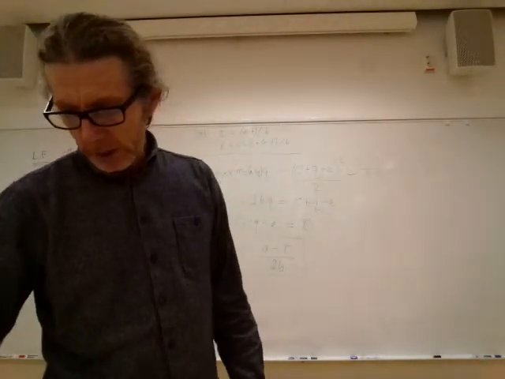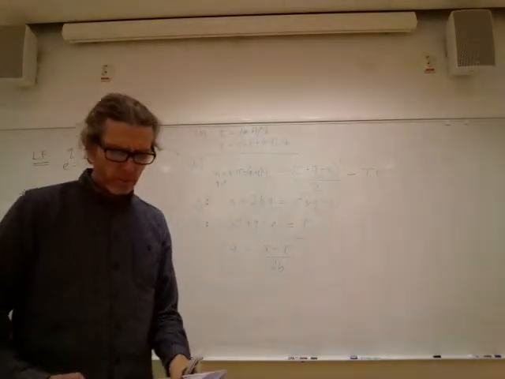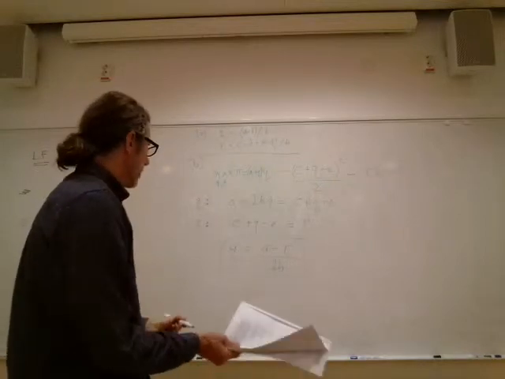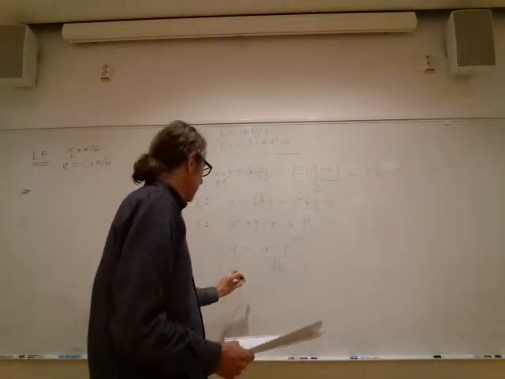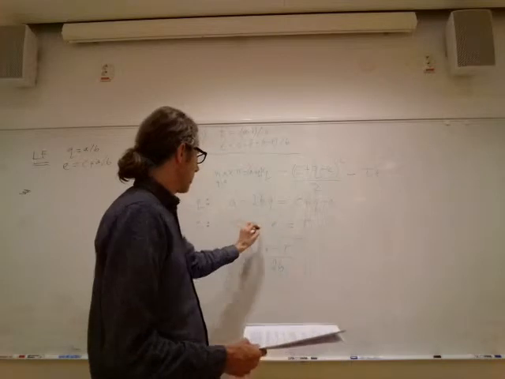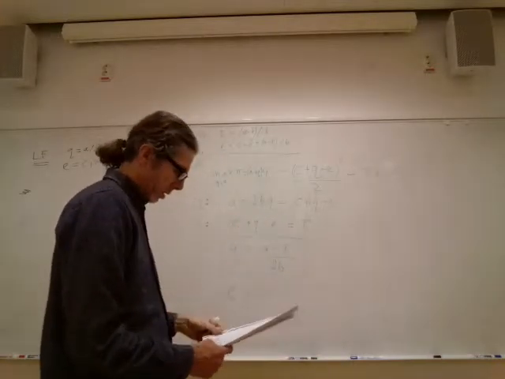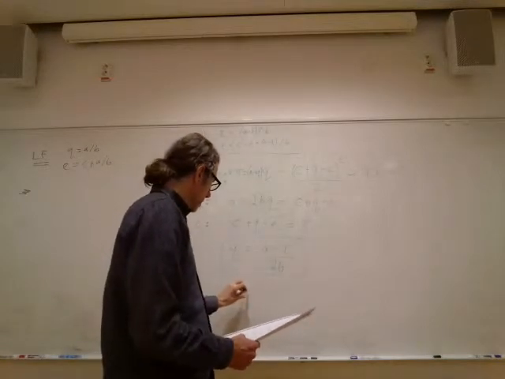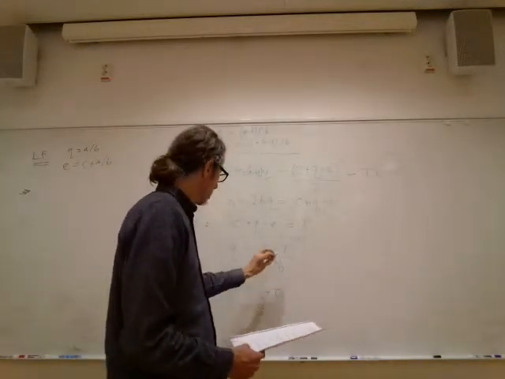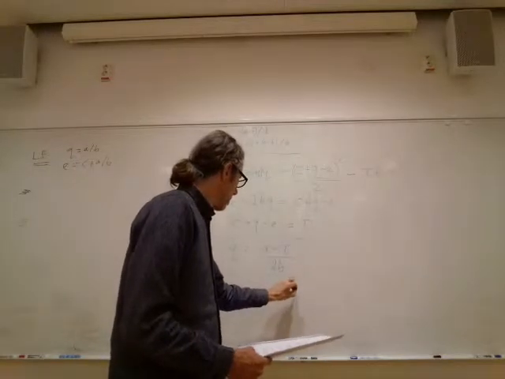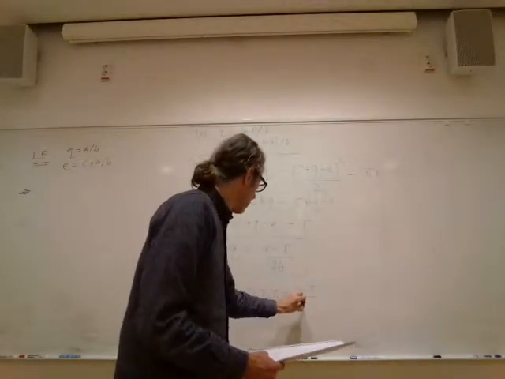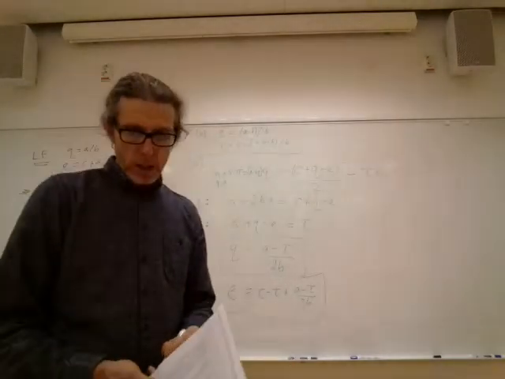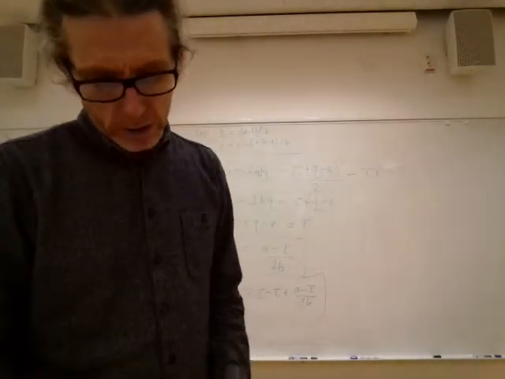Let me look at my crib sheet. So E, actually I've just done it, E is C plus Q minus tau. So we get C minus tau plus Q, plus (A minus tau) over 2B. So far, so good.